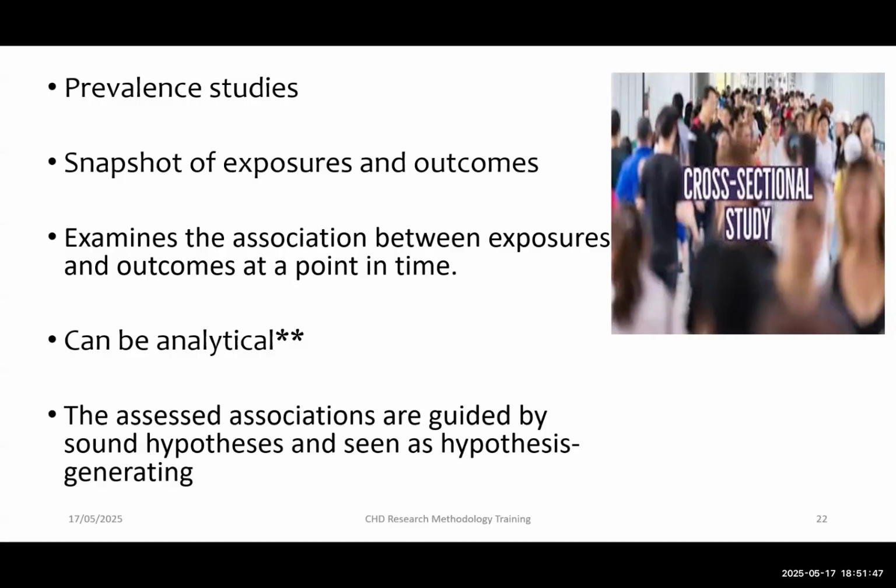What are the determinants of hypertension, or predictors of diabetes amongst the elderly? At that point in time, it's no longer a purely descriptive study. The exposure and outcome are measured simultaneously, and you can't prove causation.